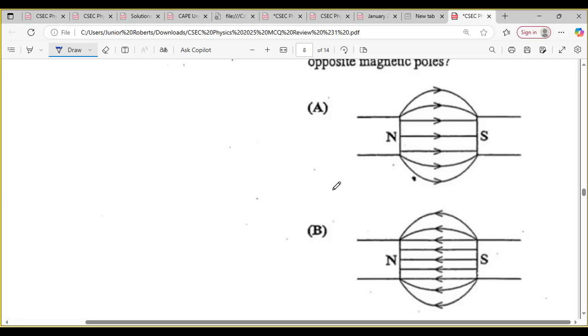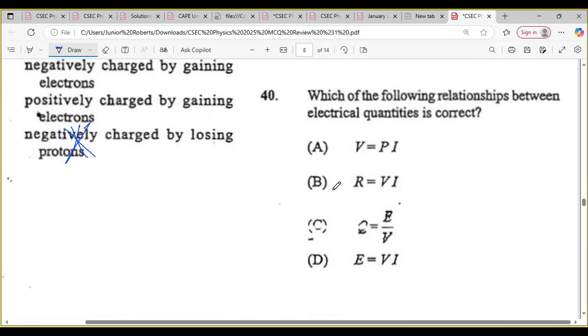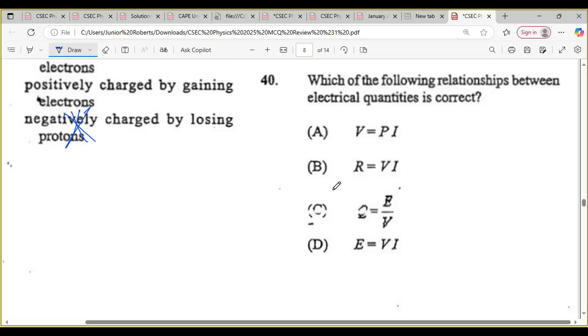So they go outward from the north pole and inward to the south pole. The one that shows that is A, because we have the field lines going out from the north pole and going into the south pole. So 39 is A.